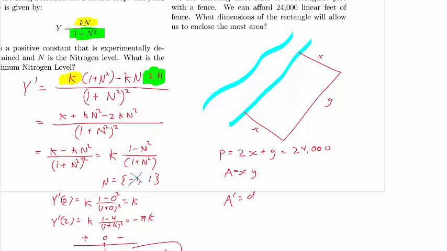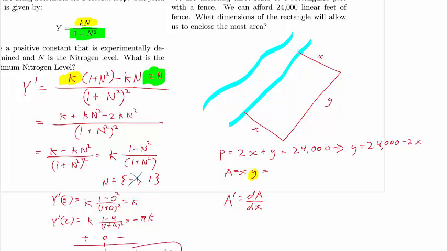And let's see, we're going to go ahead and do dA/dx. So first thing we got to do is get y in terms of x. And so we're just going to come over here and rewrite this guy. And so this is going to become y equals 24,000 minus 2x.